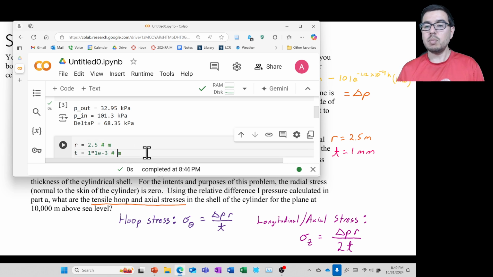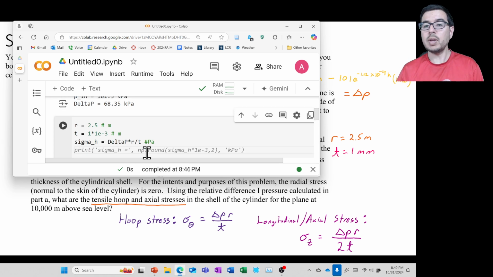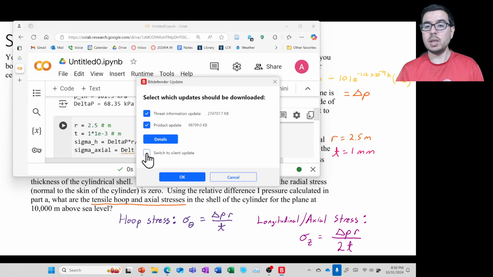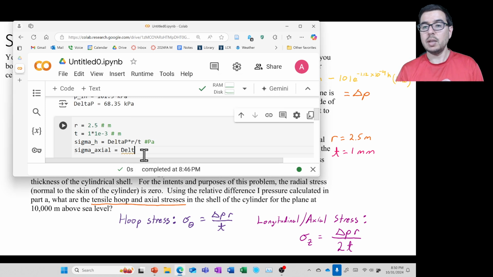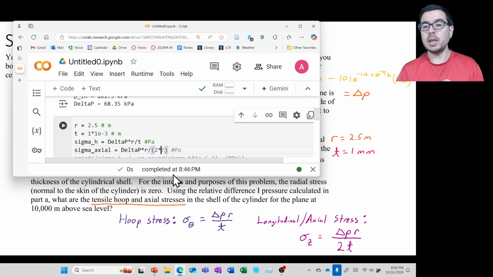Now we can calculate sigma H, the hoop stress, and we can also calculate the axial stress. We'll call this sigma axial, and that's going to be delta P times R divided by 2 times T. I really didn't have to do this.